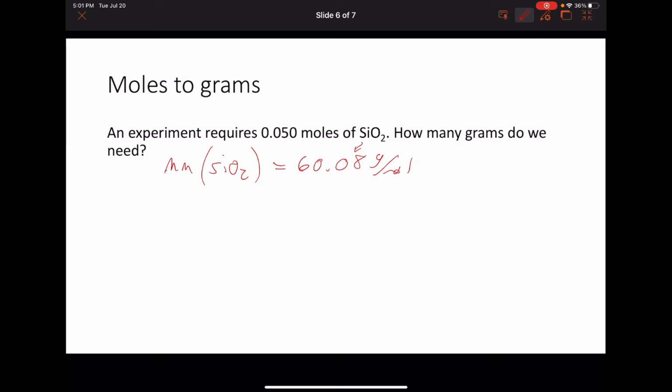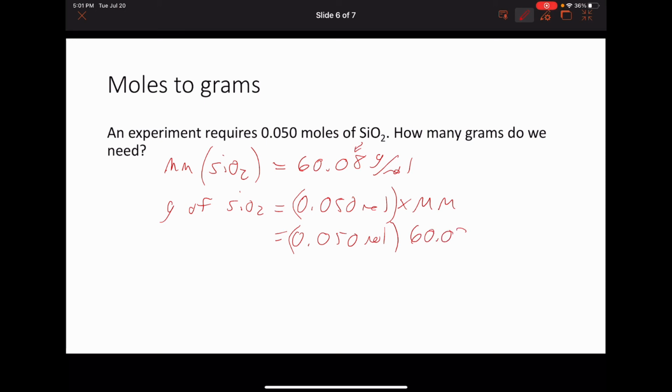Now we want grams of SiO2. If we just do a dimensional analysis, we've got 0.050 moles. In this case, we don't want to divide by the molar mass. We're going to multiply it by the molar mass. So this is going to be 0.05 moles times 60.08 grams per mole. If we do the math, the moles are going to cancel. We're going to be left with grams, which is what we want.